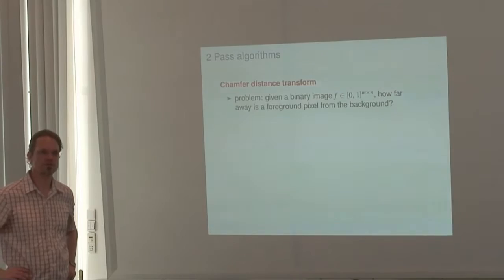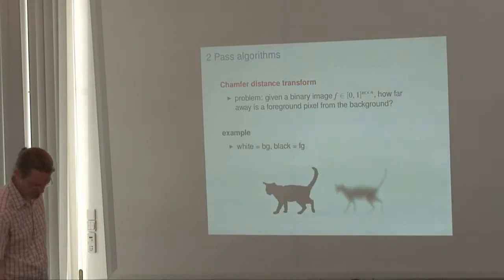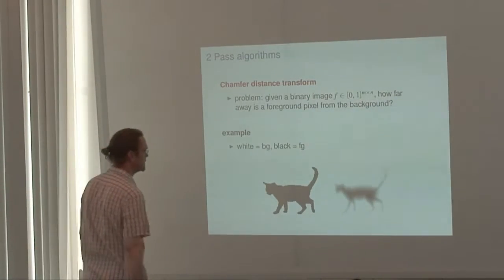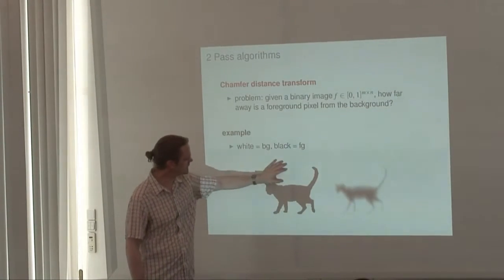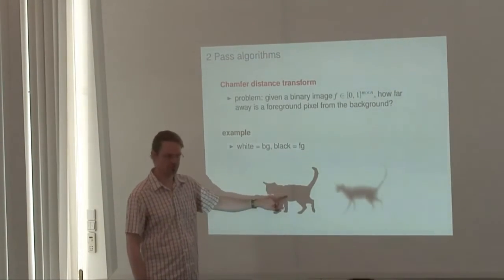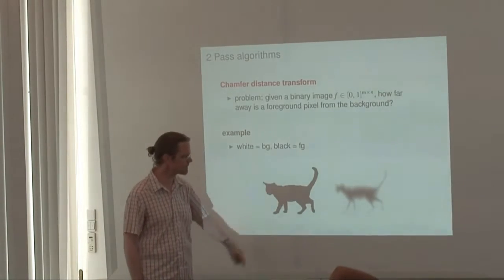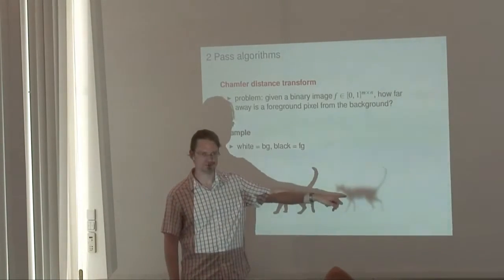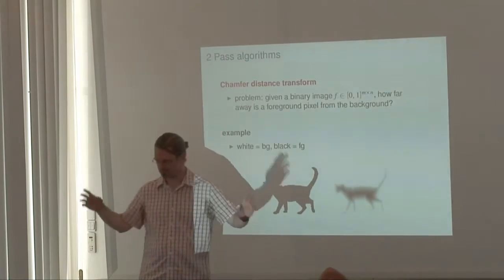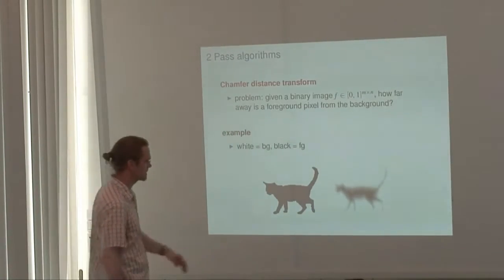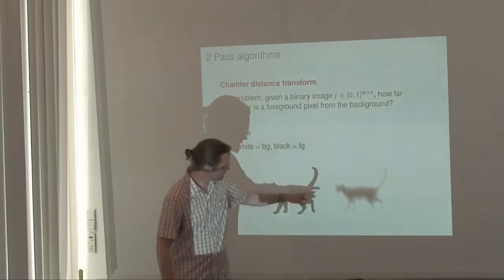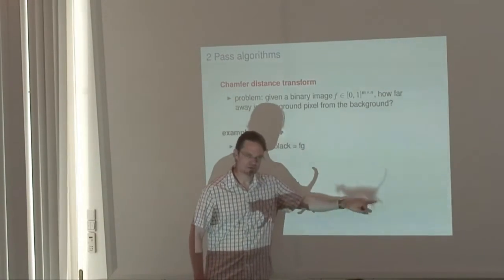How far is a pixel away from the background? Here is such an image. I'm using white to indicate the background and black is the foreground, so this is 1, this is 0. And here is the chamfer transformed image. It looks like a gray value image just for reasons of visualization. But see this skeletal structure here?